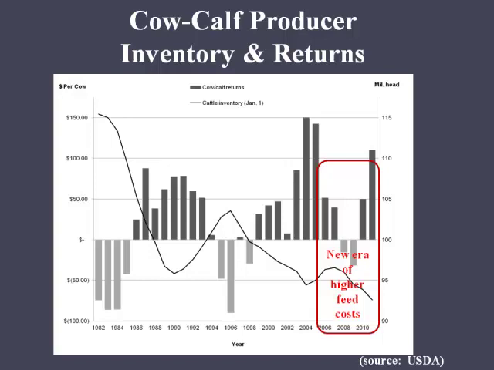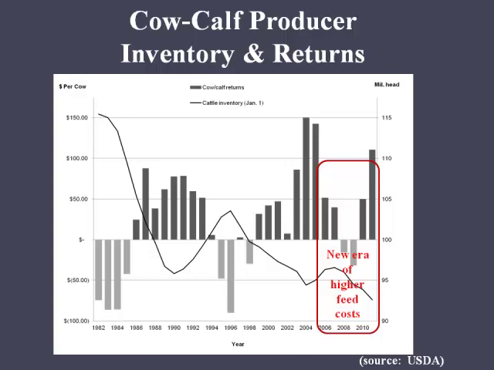On the left-hand side, you see dollar per cow return, and on the right-hand side, the right axis is million head of cattle, and the x-axis shows 1982 through 2010.